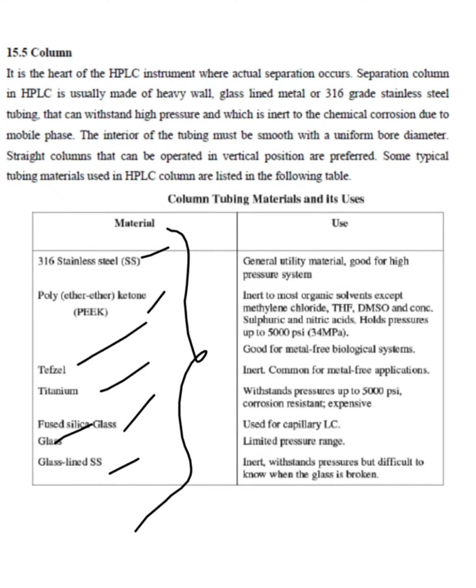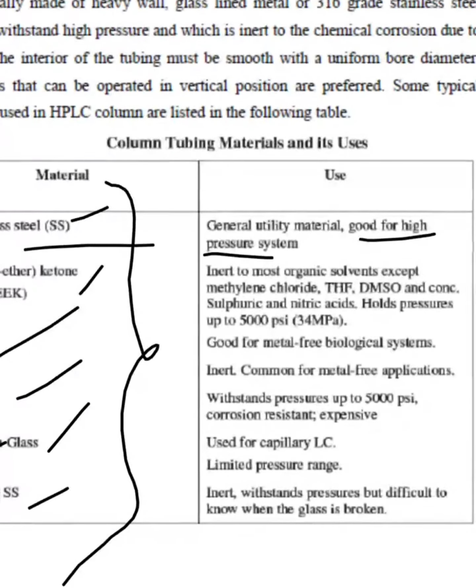And the 316 stainless steel column will be used for good high pressure systems, and it can be used for most organic solvents except methylene chloride, tetrahydrofuran, DMSO, and concentrated sulfuric acid and nitric acid, for high pressure up to 8,500 psi.